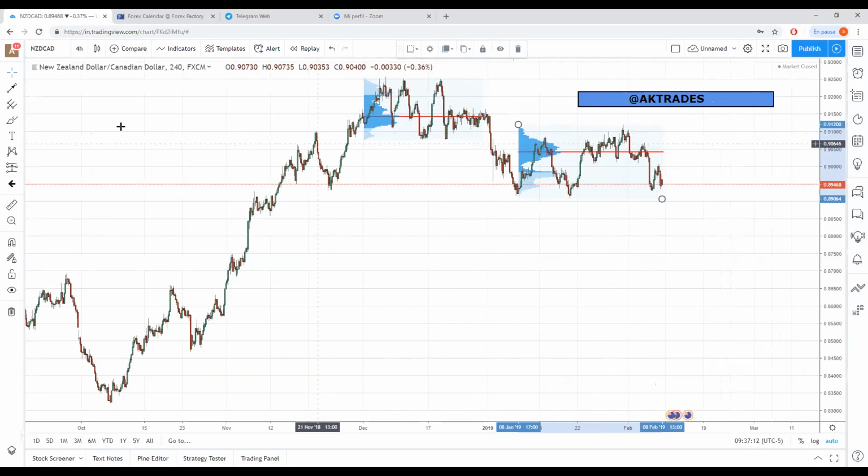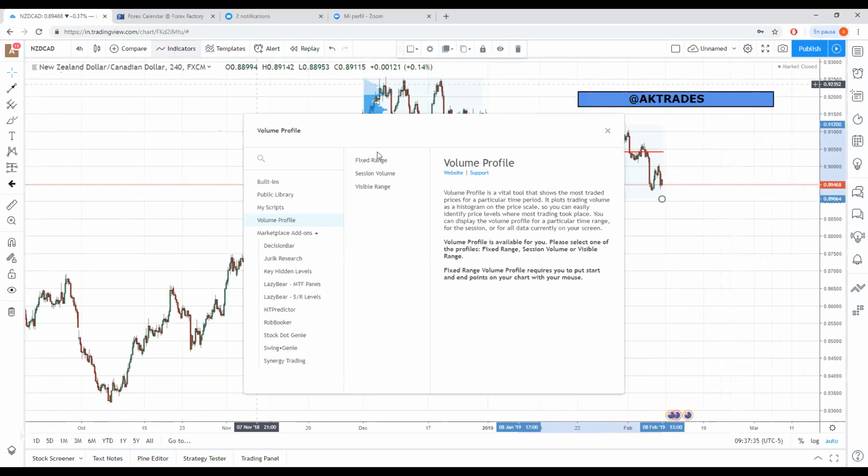So how would I play this short idea? Two ways. Either put a sell stop order waiting to clear these lows, or if prices pull back to the POC, the point of control, we want to see some rejection around this area and then enter the trade short. What would be the targets?